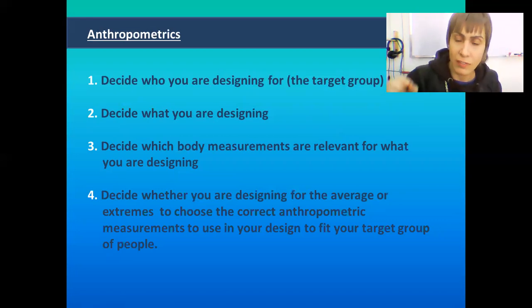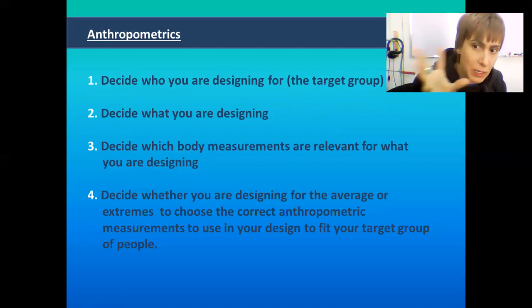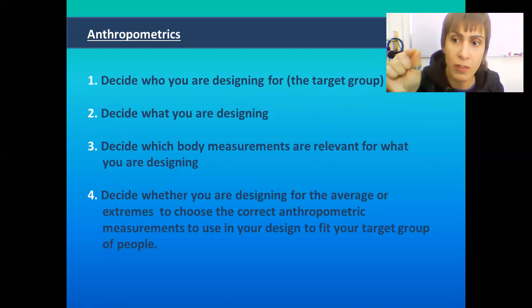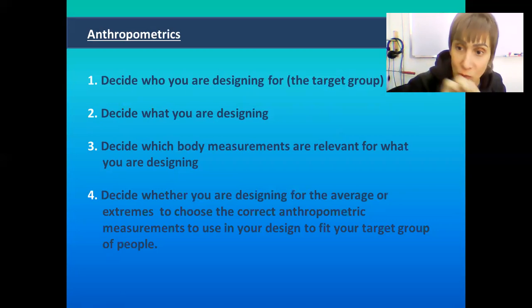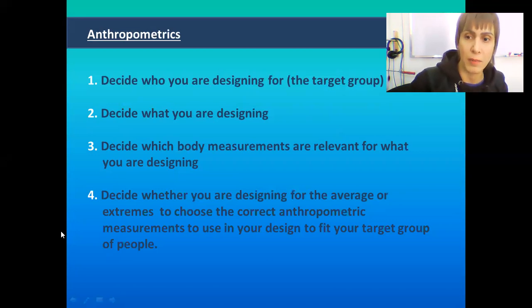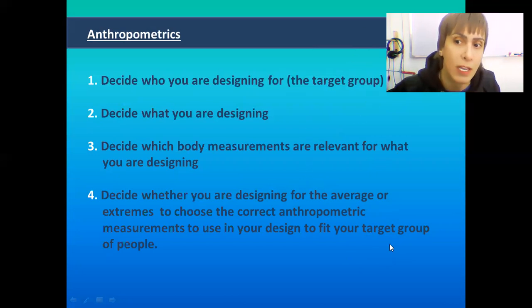Well, this is crucial because there are so many possibilities. And when you select the numbers you need, the anthropometric data, you need to be clear about what data to select. We will see in a bit some examples of tables and how this is done. So you need to decide which anthropometric data to select to best fit the target group that you selected.